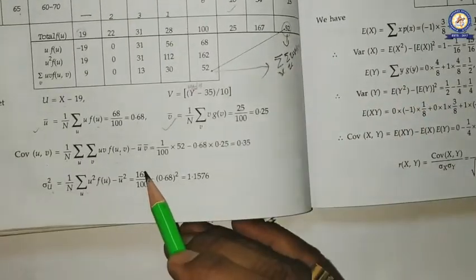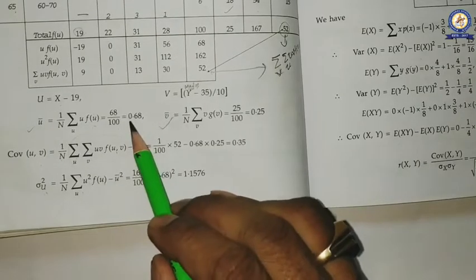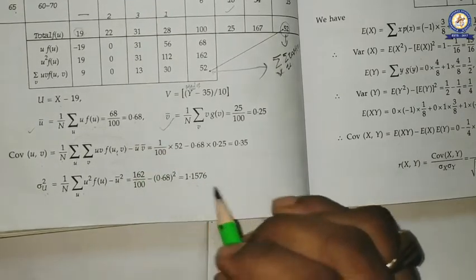So 162 by 100 minus u mean, which is 0.68, squared.